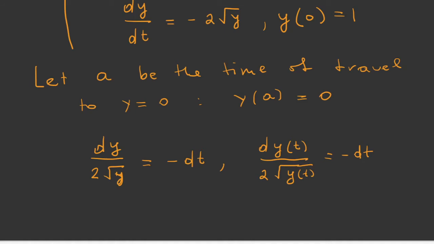But remember that y is actually a function of t, so we can think of the left-hand side as also being written in terms of t, although we don't really know how y depends on t explicitly. But still, let's think of the left-hand side as being written in terms of t, and let's integrate both sides from t equals 0 to t equals a.